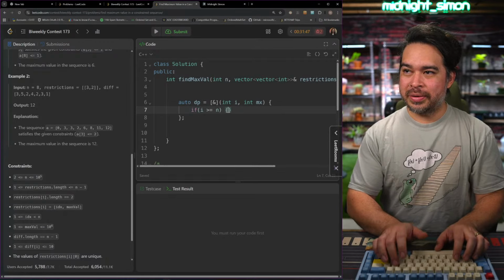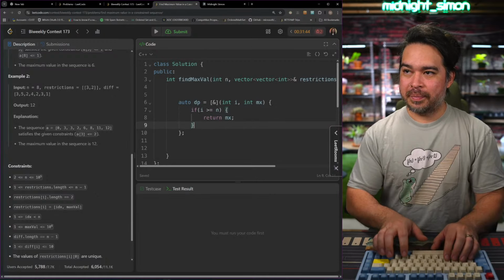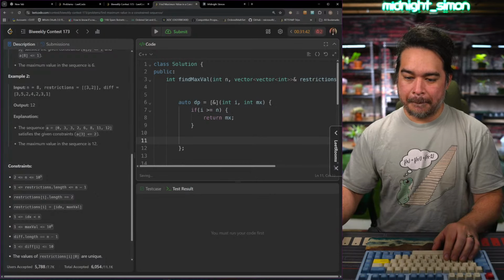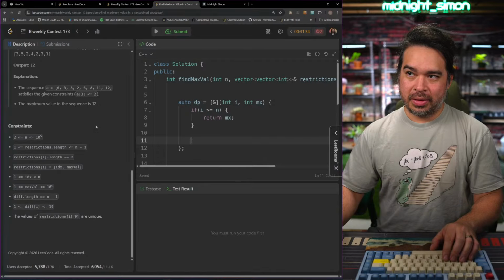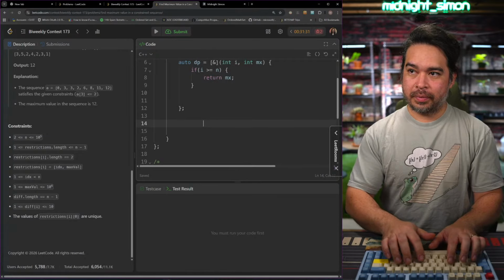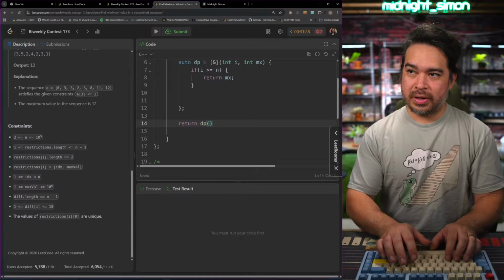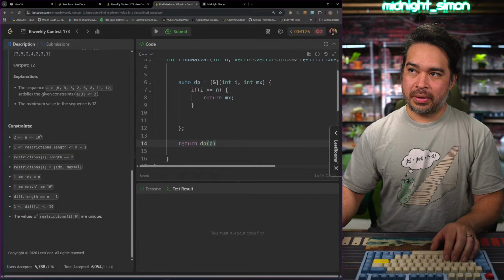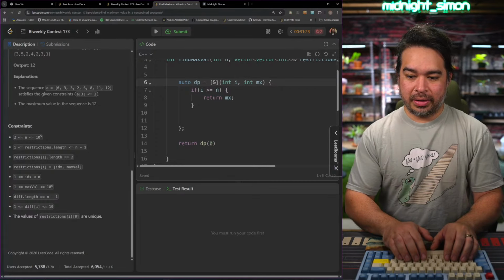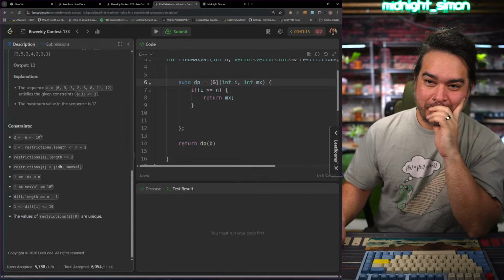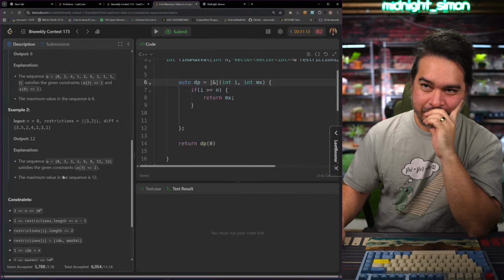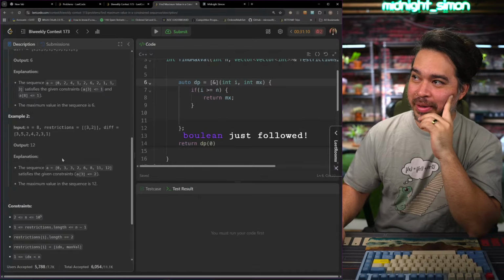So if we're out of bounds, at every index, let me think. So we start at index 0. Maybe I need like, hey, I don't know what I'm doing. I'm not gonna lie.